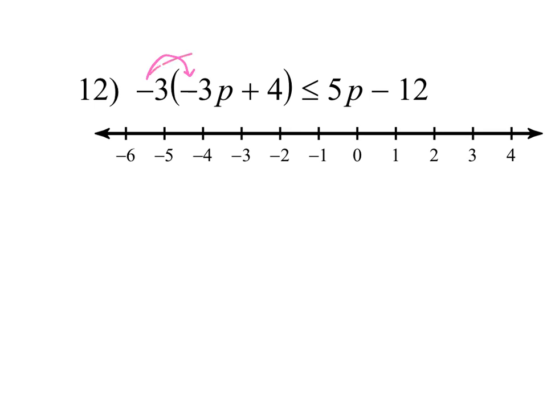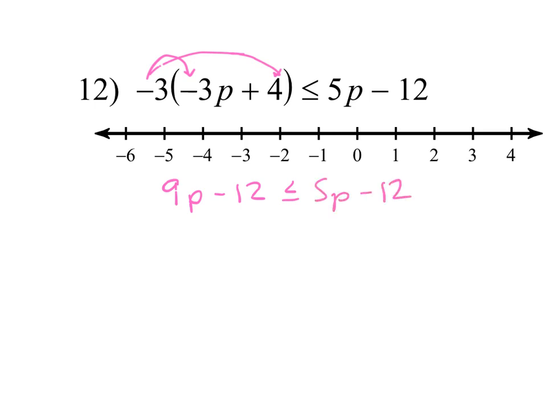What is negative 3 times negative 3p? Awesome, positive 9p. And then negative 3 times 4 would be negative 12. This is less than or equal to 5p minus 12.